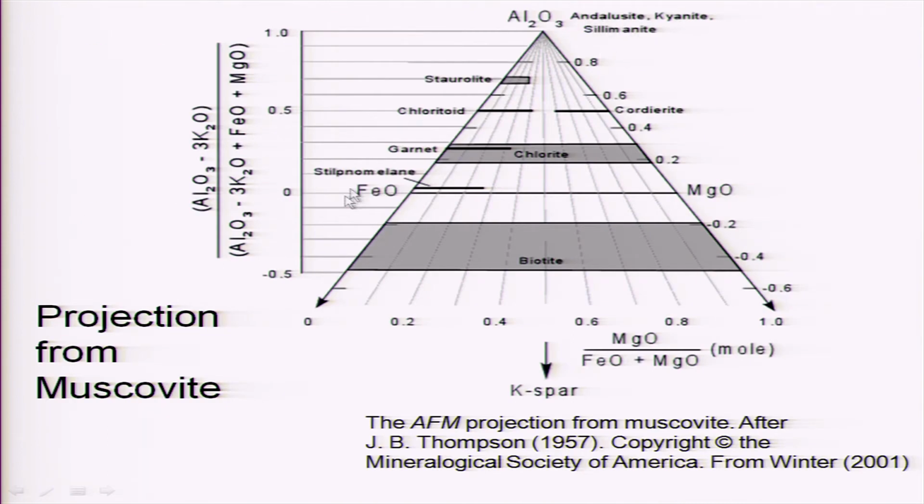Now, this is the AFM phase. Here Al2O3 is at this end, FeO is here, MgO is here. As you can see, the F and M lines are extended below the zero aluminum line. This AFM projection was devised by J. B. Thomson in 1957.